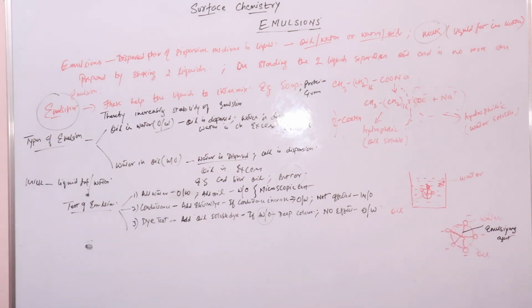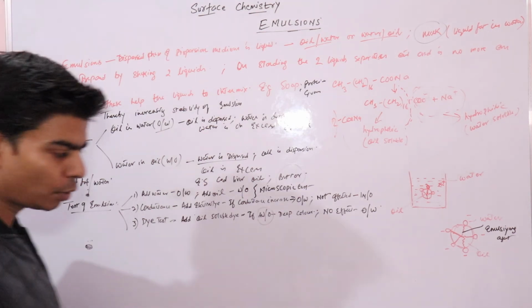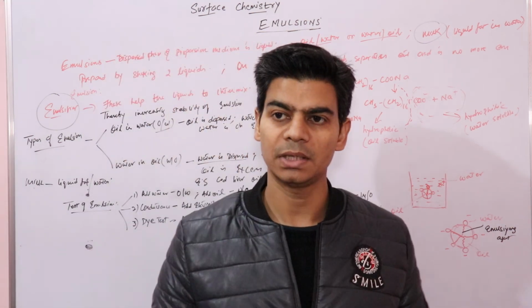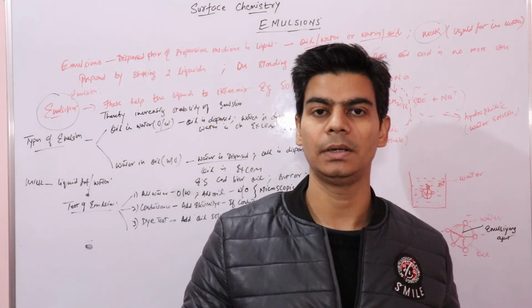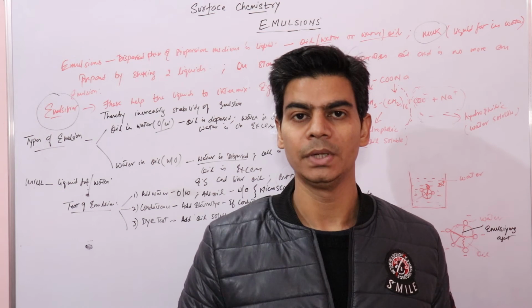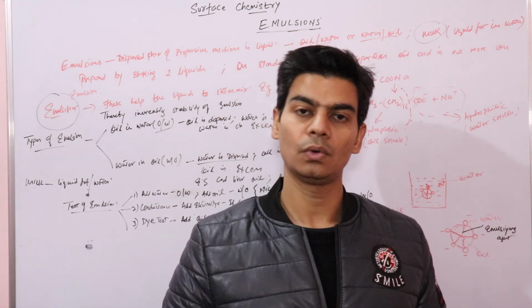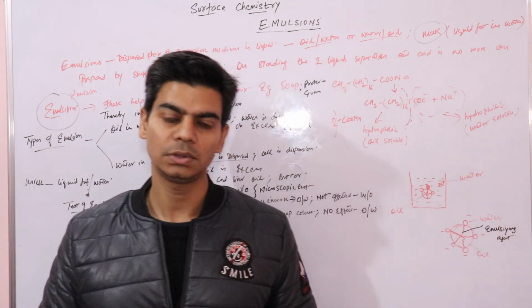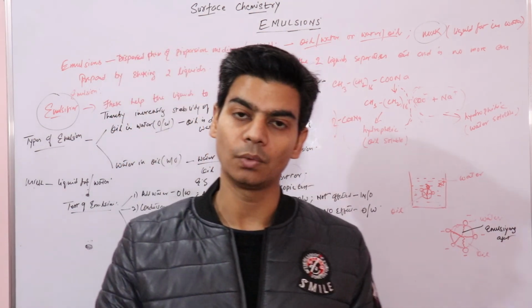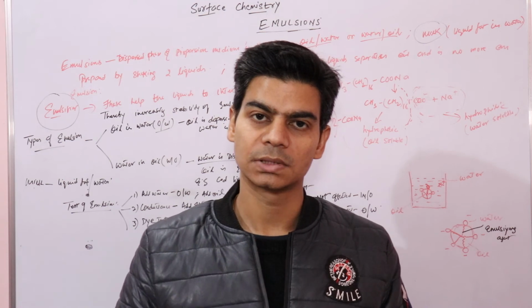Right? And now we have some properties of emulsions. Since we know that an emulsion is a type of colloidal solution, it will show all the properties of colloidal solutions that we have studied earlier, that is Brownian movement, electrophoresis, right?